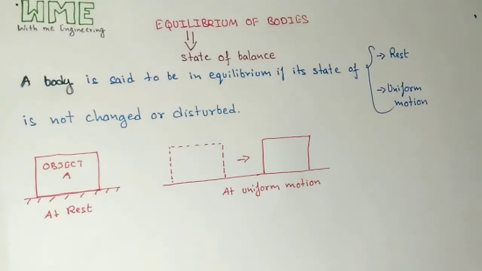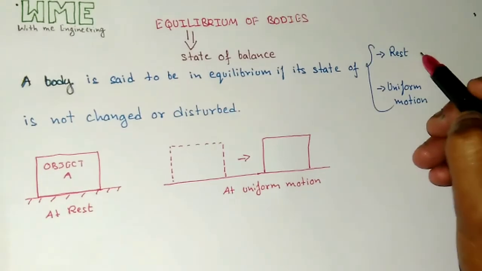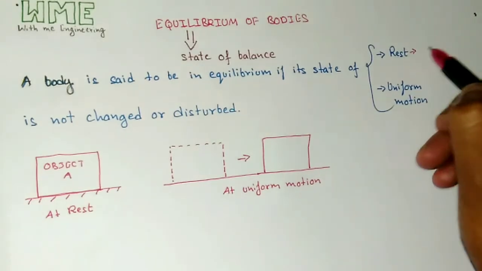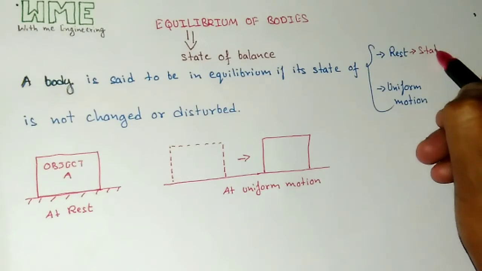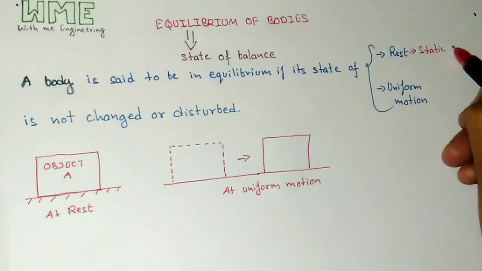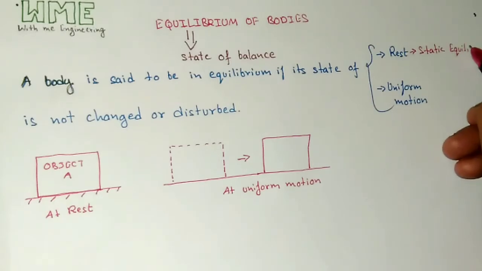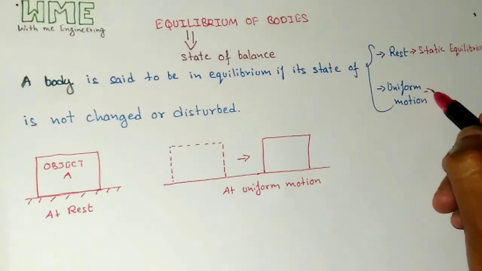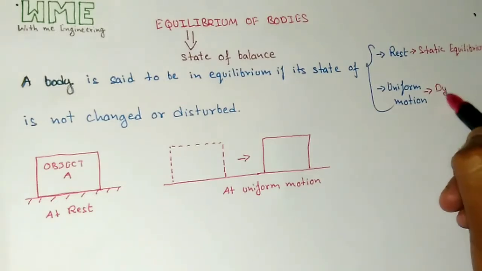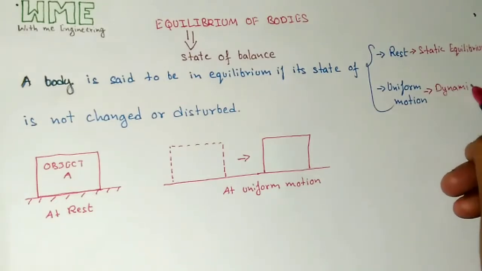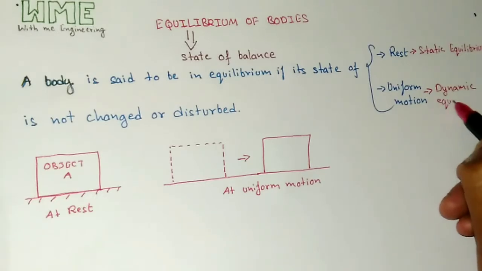One more concept on the equilibrium of a body is that when the body is at rest, this state of equilibrium is called static equilibrium, and uniform motion is called dynamic equilibrium.